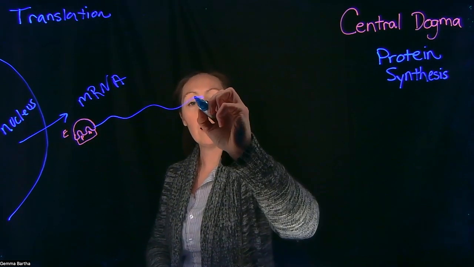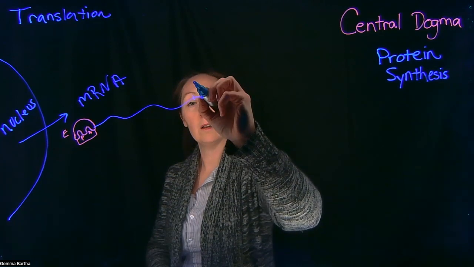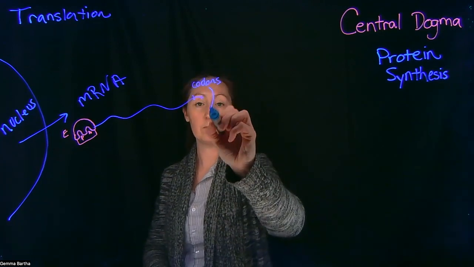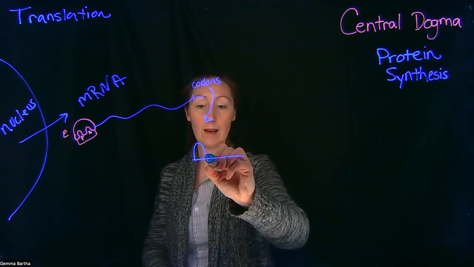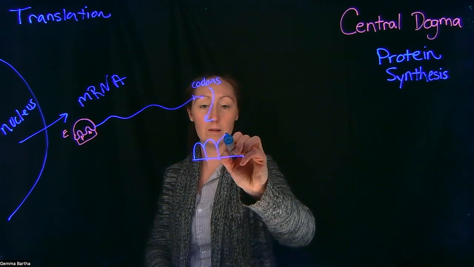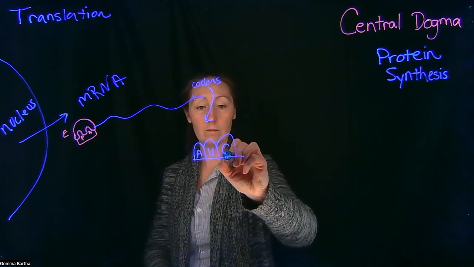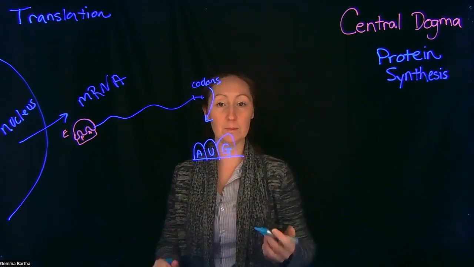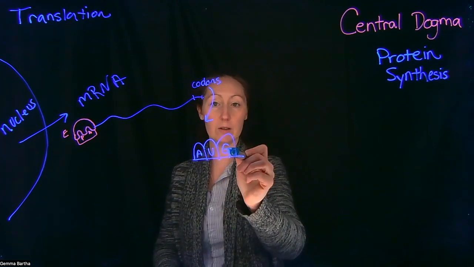So your mRNA has what we call codons. Codons are a specific pattern or triplet code of your base pairs.